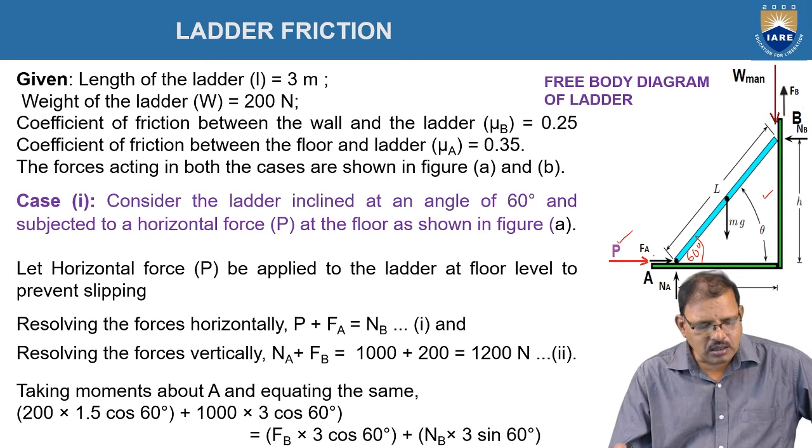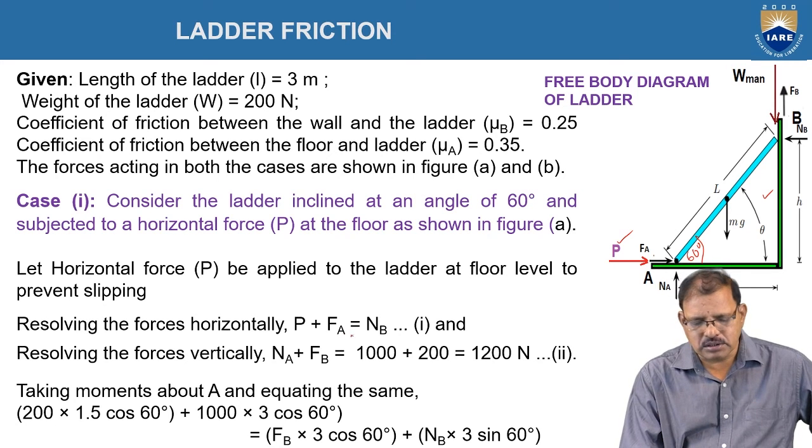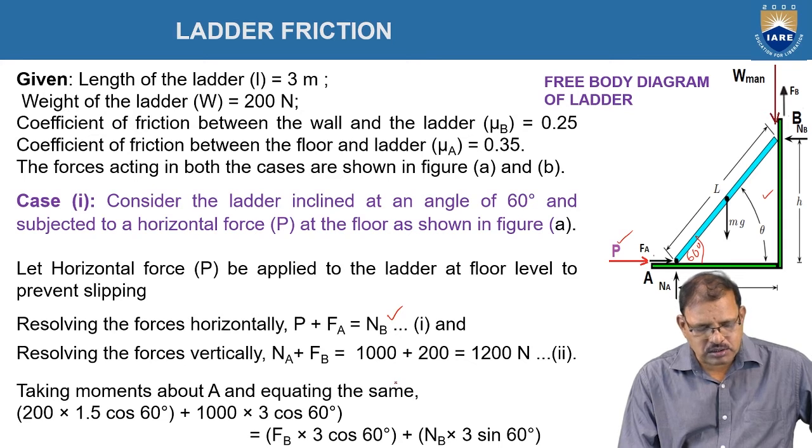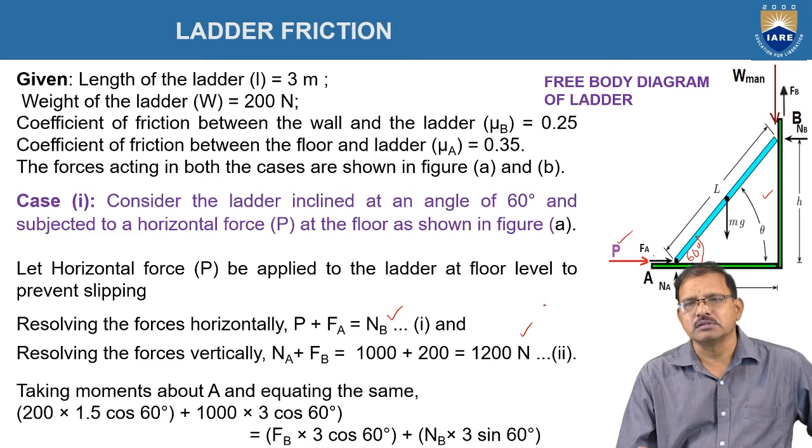Now, resolve the forces horizontally. P plus FA should be equal to NB, which is represented as equation number 1. Resolve the forces vertically. NA plus FB, which is equal to 1000 plus 200, is equal to 1200 newtons.